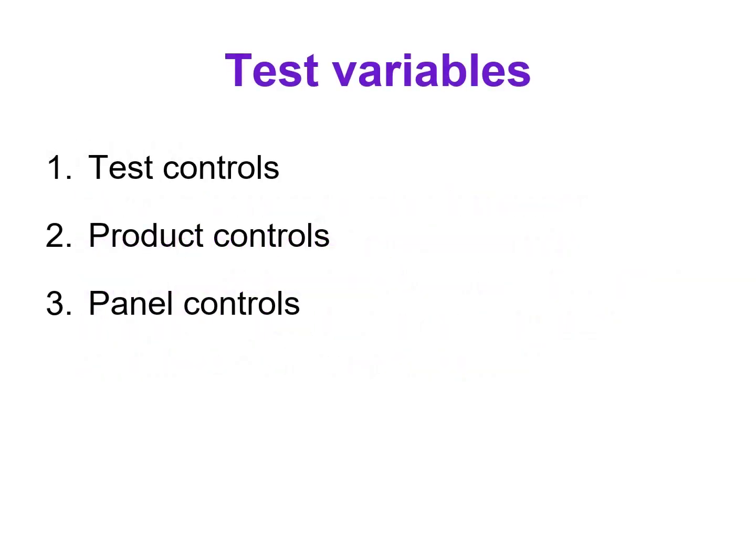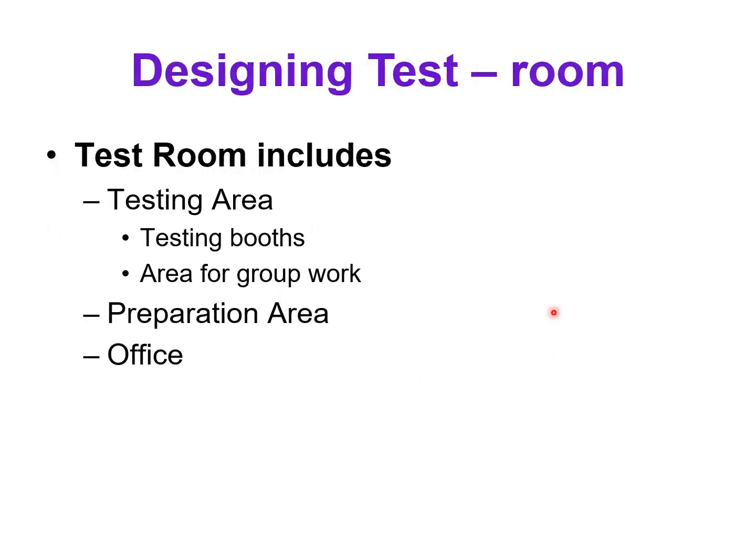There are some test variables, like test control, product controls and panel controls. In the test control, the main thing is designing the test room. Test rooms include a testing area, testing booths, an area for group work, a preparation area where we prepare the plates and other things, and also the office.